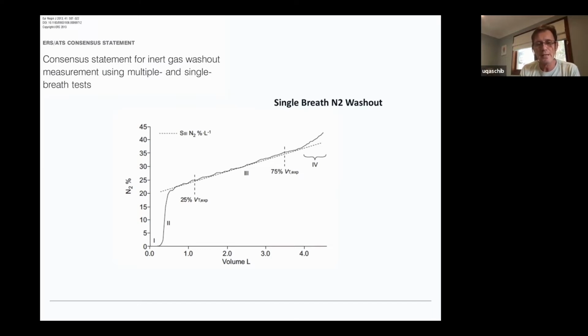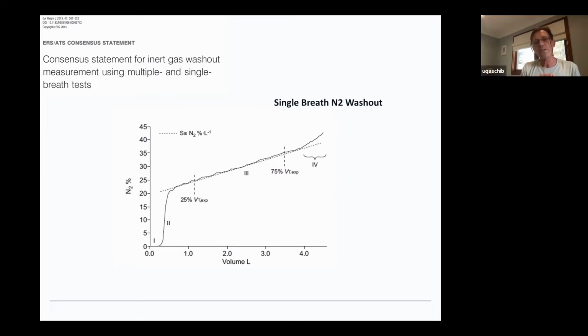We see that phase 1 and 2 are determining the dead space. Then phase 3 is the contribution of the gas coming out of the acinar space. And phase 4, still a lot of discussion around there. What it really is, it's probably the very, very slow compartments contributing at the end of a single exhalation.